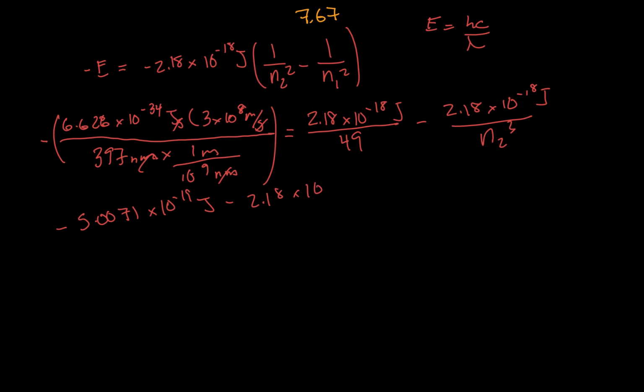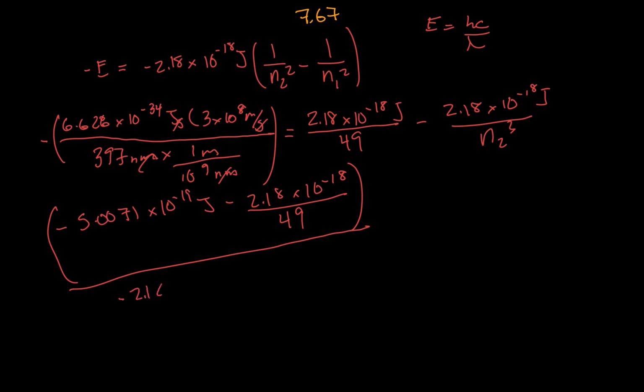2.18 times 10 to the negative 18 over 49. Right, and we're going to divide this whole thing by this value here, so we can isolate that, negative 2.18 times 10 to the negative 18 joules. So at this point, you have to end up with a positive number, right?